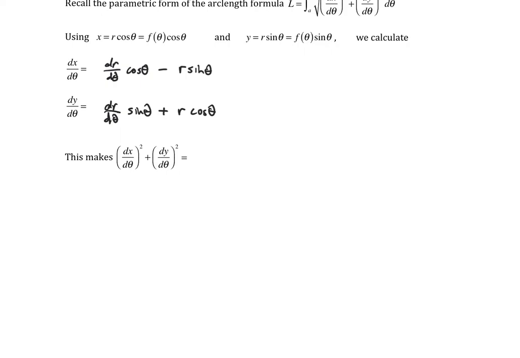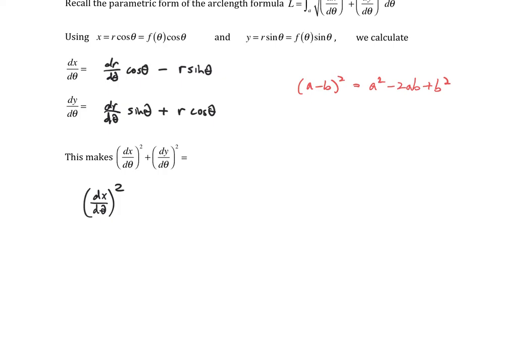So first, let's write down what dx d theta squared is, and we're basically going to be squaring this first thing here. Let's use the fact that a minus b squared is equal to a squared minus 2ab plus b squared, right?